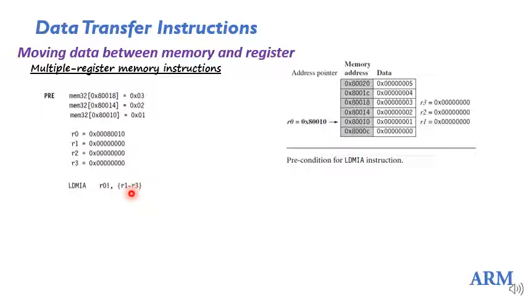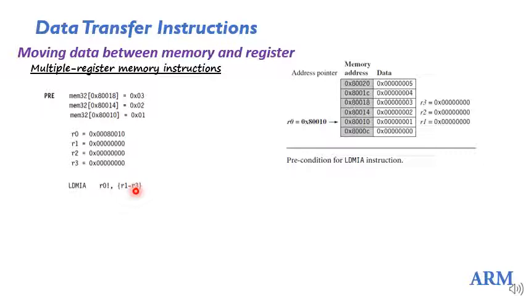The first data will be in the memory location addressed by R0, that is 80010, the next data is at 80014, and the third data is at 80018, and these 3 data you are required to load into the registers R1, R2 and R3 respectively. That is the meaning of this instruction.